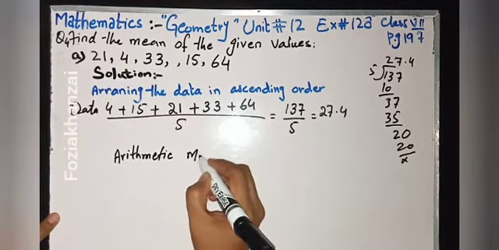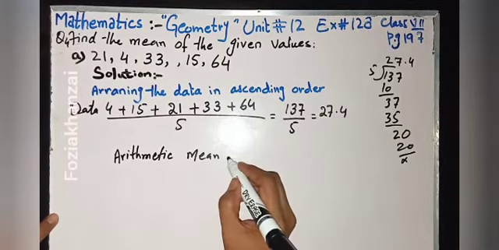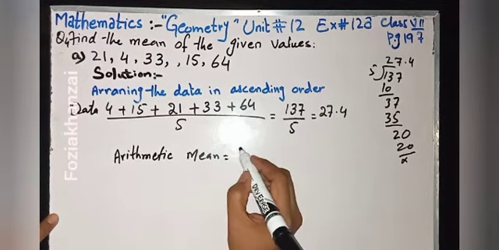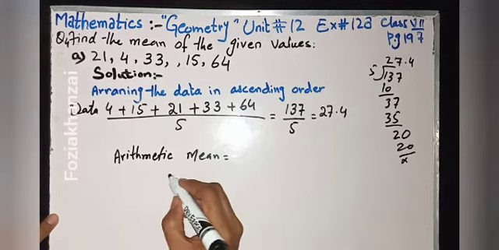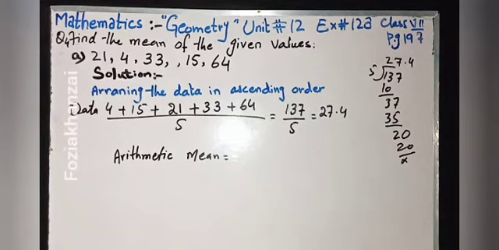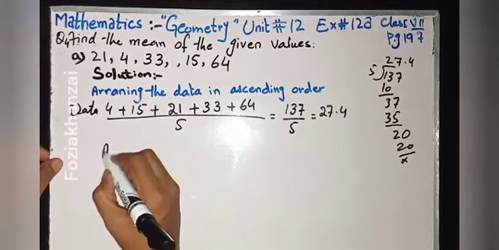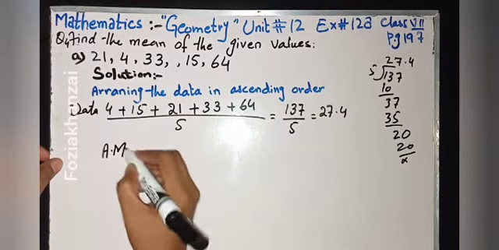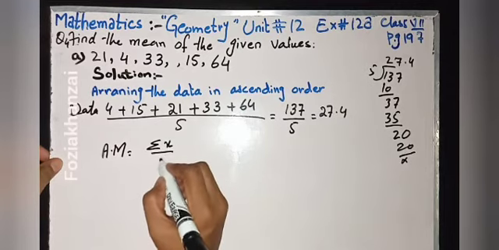Arithmetic mean. Now I explain the formula. Arithmetic mean or AM, both are the same. Write down AM. Arithmetic mean is sigma x upon n.